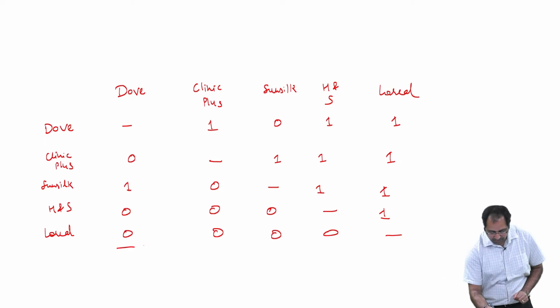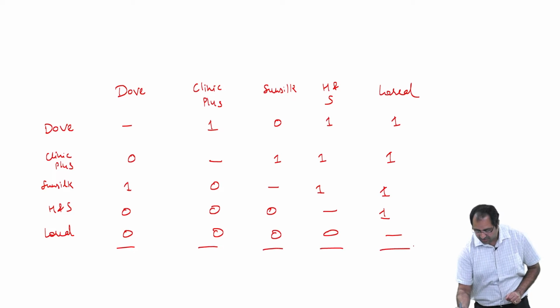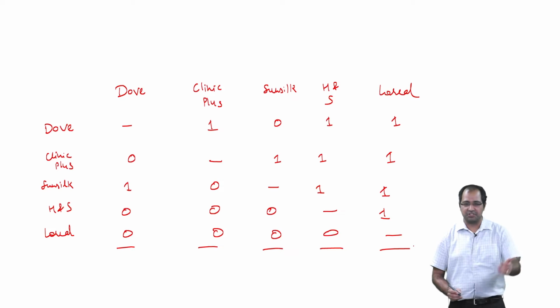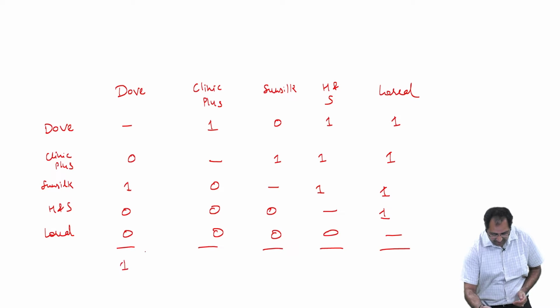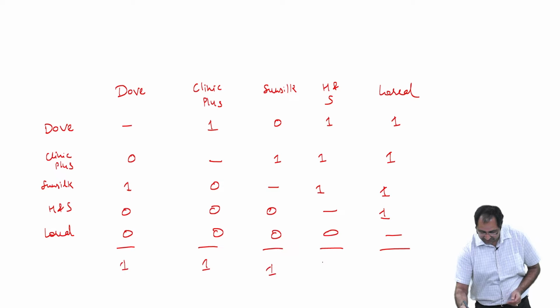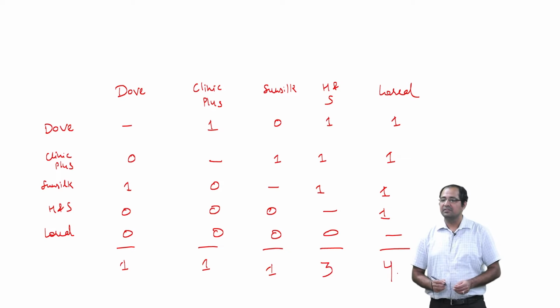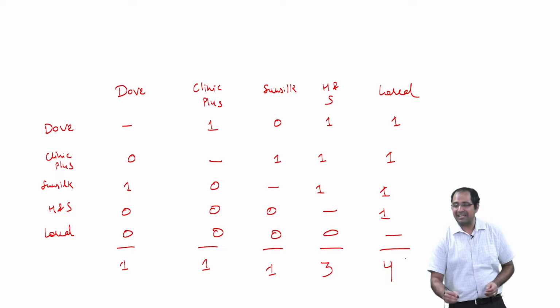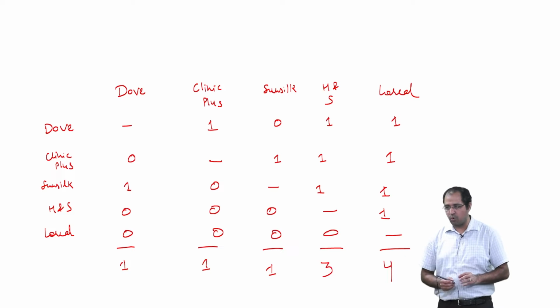Now if you add the scores column-wise, this is 1, this is 1, this is 1, this is 3 and this is 4. Which means rank 1 is the one with the greatest score.